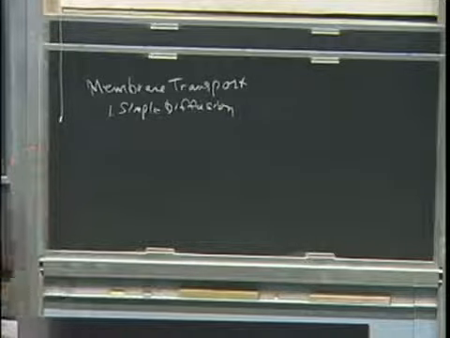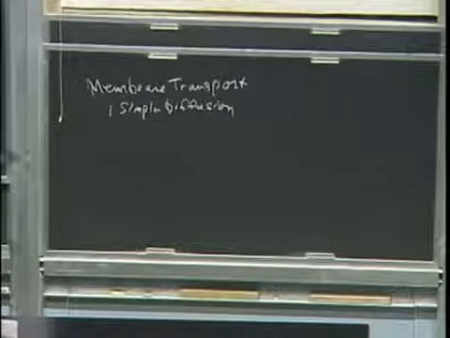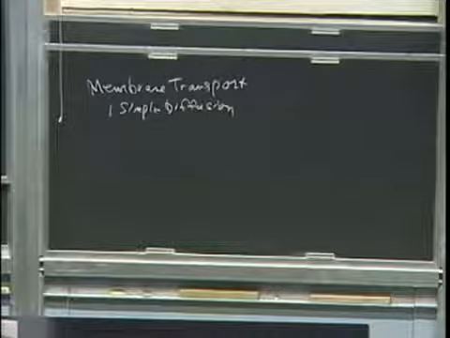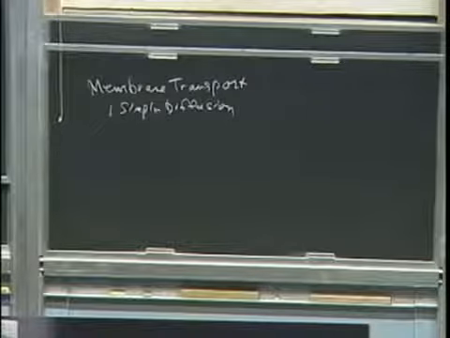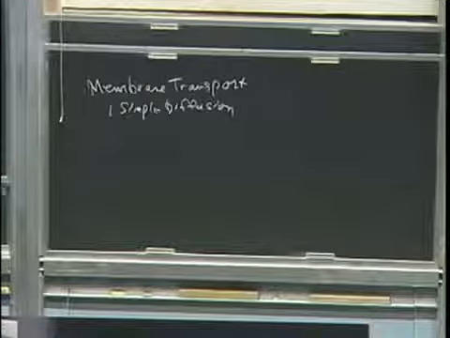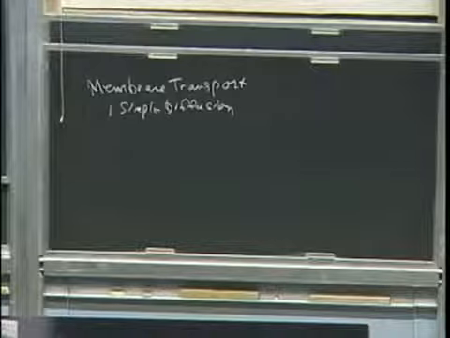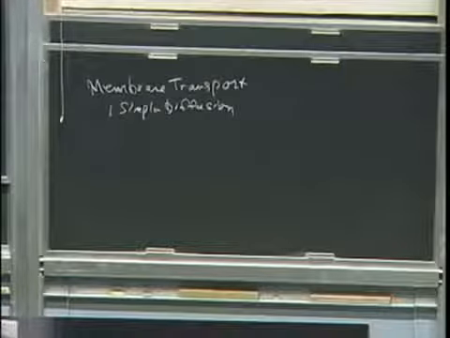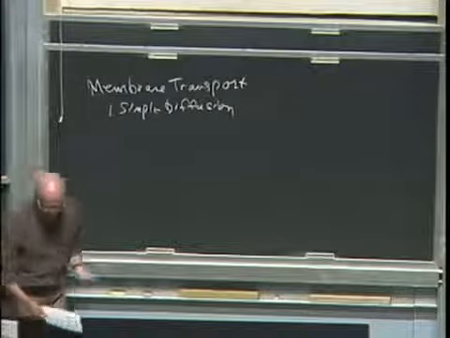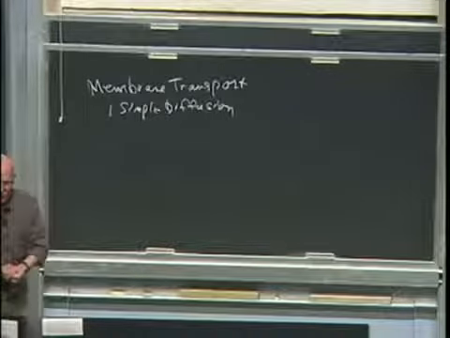That is, if you have a high concentration of a molecule on one side of a membrane, and you have a low concentration of a molecule on the other side of the membrane, the thermodynamic driving force wants to equalize those concentrations, and you will get molecules moving across the membrane.